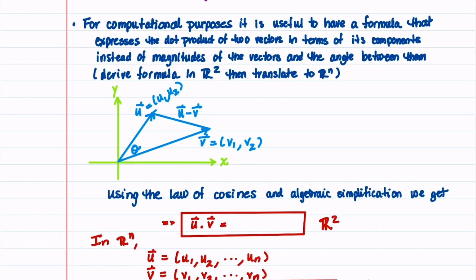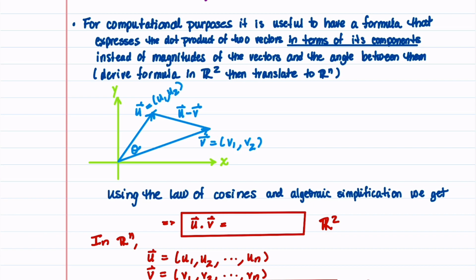For computational purposes, it's very useful to have a formula that expresses the dot product in terms of its components instead of what we just had above in terms of the magnitudes of the vectors and the angles between them. To find the dot product of u and v in terms of u1, v1 and u2, v2, we would use the law of cosines and relate theta to the two sides of the triangle that's shown in this picture.